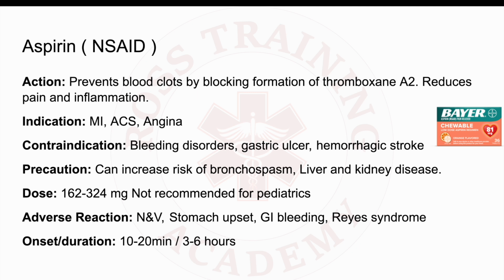So you want to use some precautions with somebody who's at increased risk of bronchospasms, and then liver and kidney disease. The dose is going to be about 162 to 324 milligrams. If somebody's having an MI or you believe that they are, you typically start at the 324 milligrams. And then aspirin is not recommended for pediatric patients.